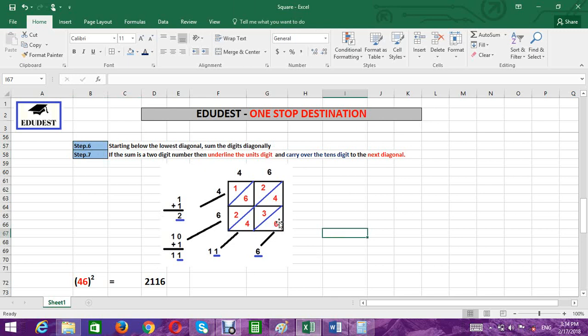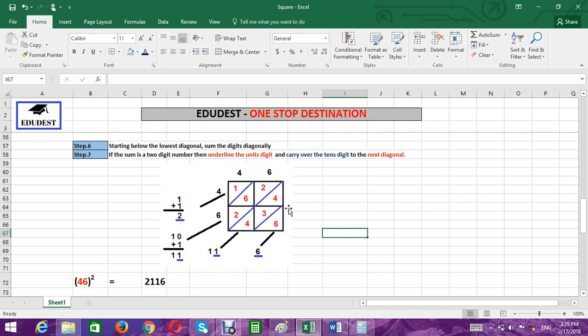And according to step 7, if the sum is a two-digit number, underline the unit digit and carry over the tens digit to the next diagonal, which is added over here. So according to step 6, we will start from here.